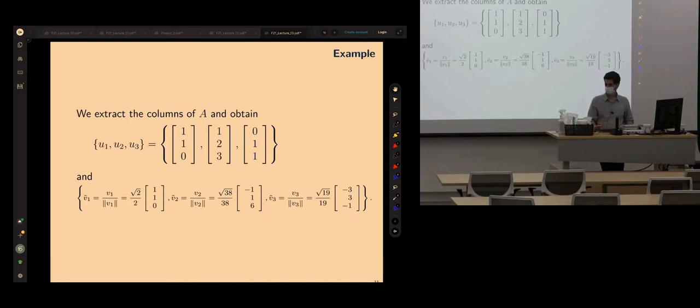But here we assume the columns are linearly independent. Now we apply Gram-Schmidt, and we get this set of orthonormal vectors.